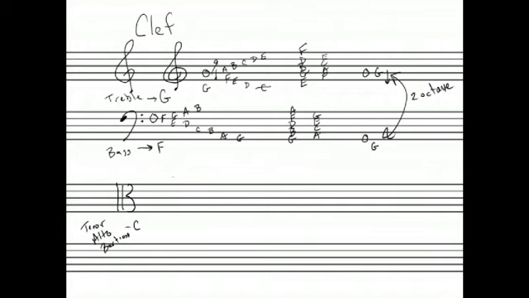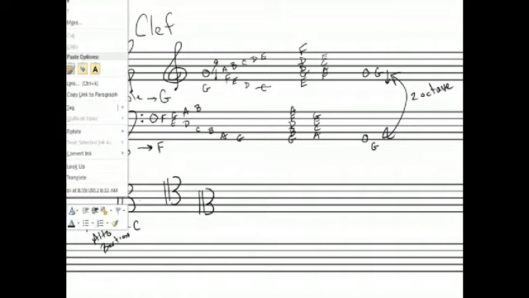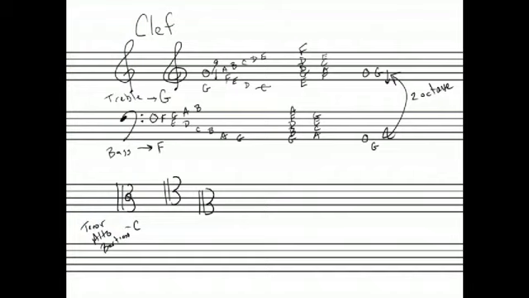The clef can also lie on this line, and the clef can also lie on this line. All you need to remember is that the line that intersects is where middle C is.